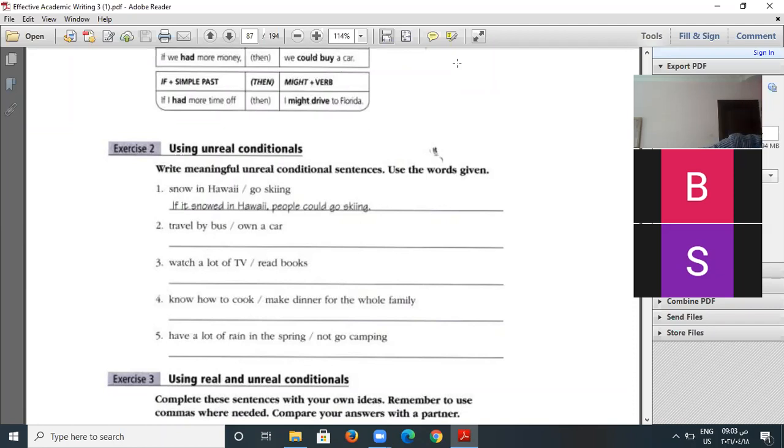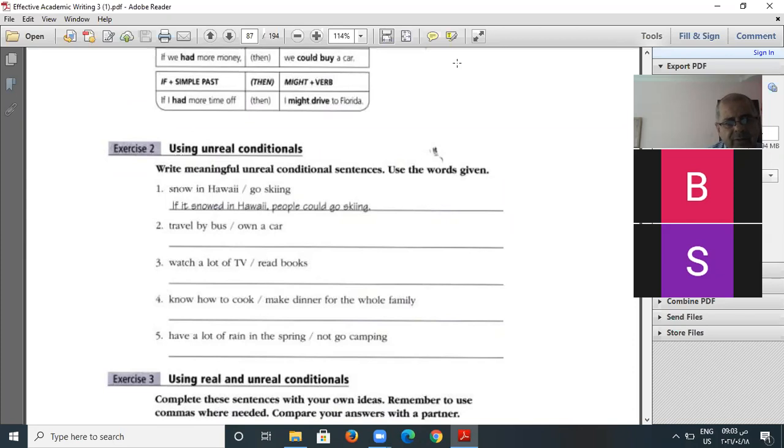Okay. Number 2. If I owned a car, comma, I wouldn't travel by bus. Correct. So we say, if I owned a car, comma, I wouldn't travel by bus. What do we say in the second way?